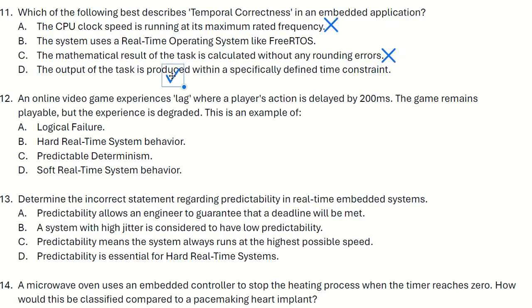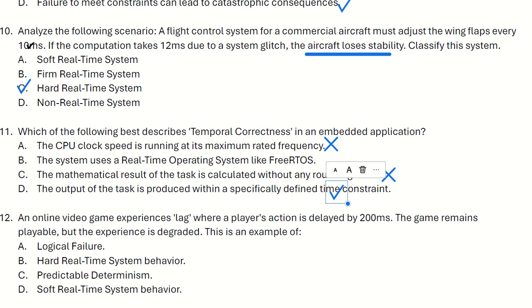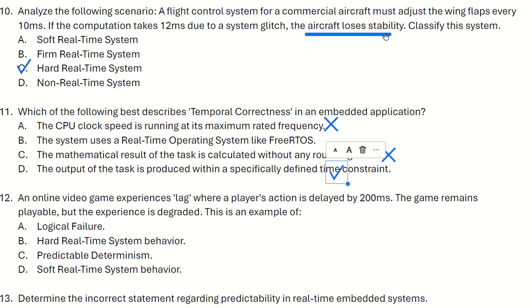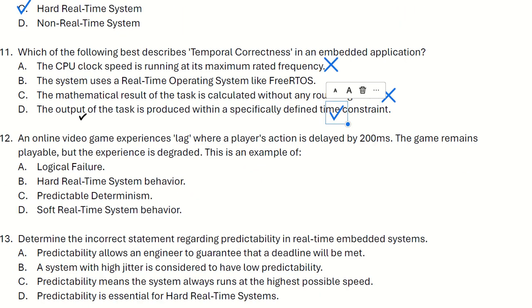Output must be delivered within the specifically defined time. Just now, we had every 10 milliseconds, so it should fulfill this. If not, in a hard real-time system, the system is lost already. Am I correct? So the answer looks like definitely D.